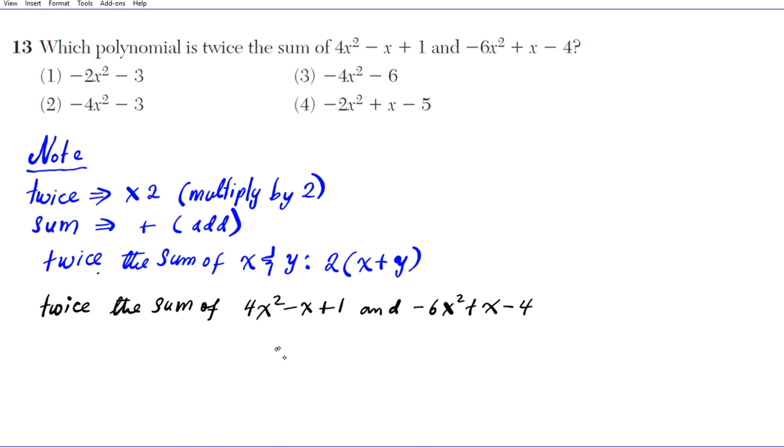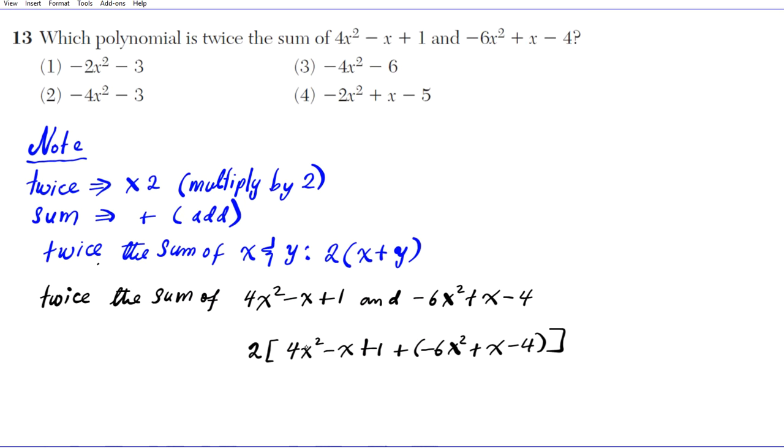Okay, so to write that, we're going to be doubling what we get when we find the sum of 4x squared minus x plus 1 plus negative 6x squared plus x minus 4. Okay, so let's go ahead and find the sum. We can just drop the parentheses. There's no distribution here. So we have 4x squared minus x plus 1 plus times minus is minus 6x squared plus x minus 4. Let's combine like terms.